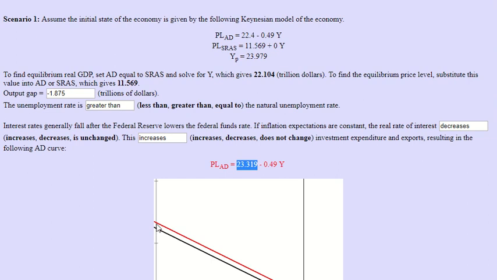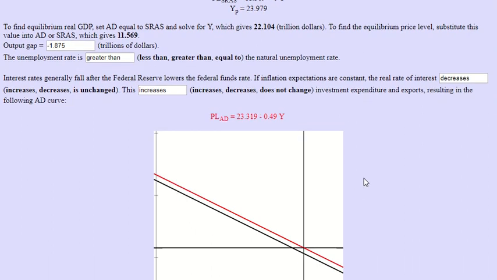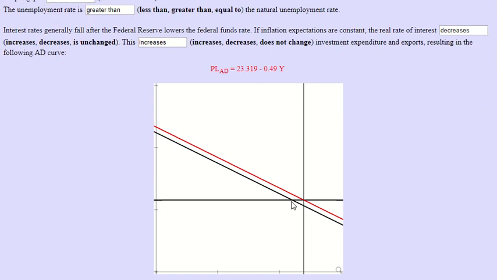This is what it was initially. This is what it is now as a result of the monetary policy. Okay? And you can see that GDP was too low, and now GDP is just right. And the price level did not change.